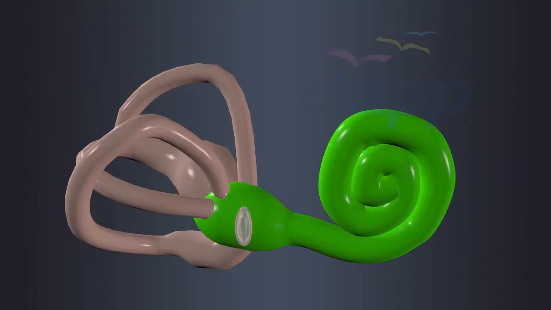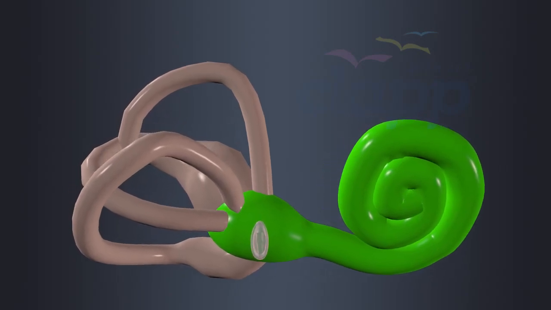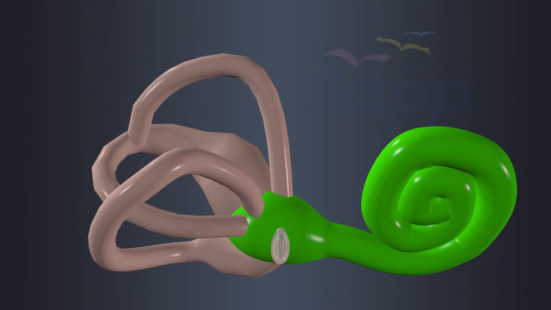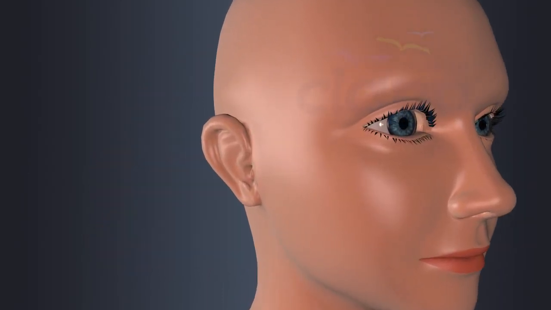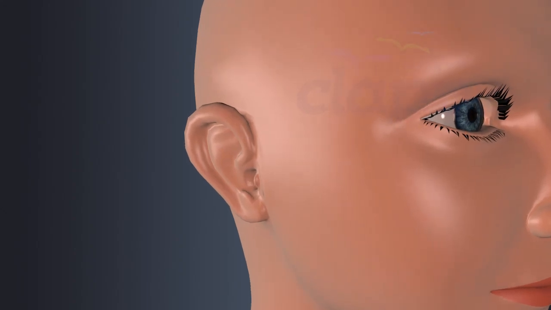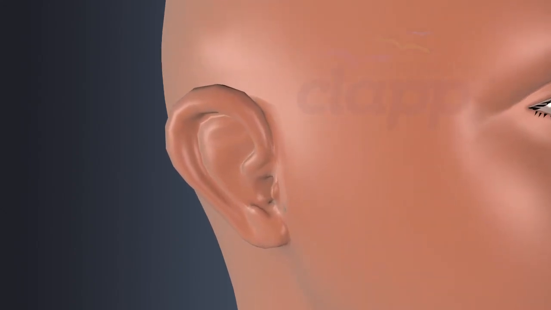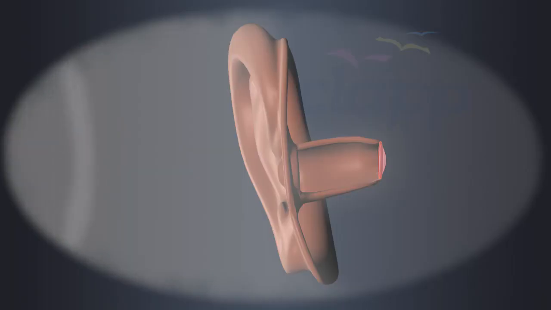Transduction of sound. The cochlea's primary function is to convert sound waves into electrical signals that the brain can interpret. The shape of the pinna helps to capture the sound waves from different angles, helping us to determine the direction from which the sound is coming.